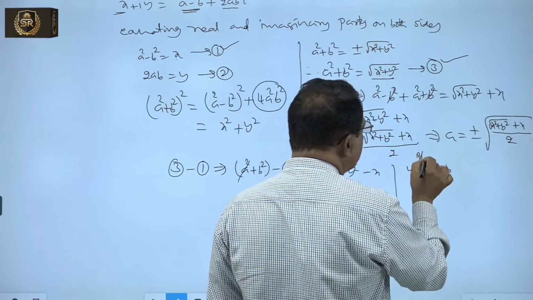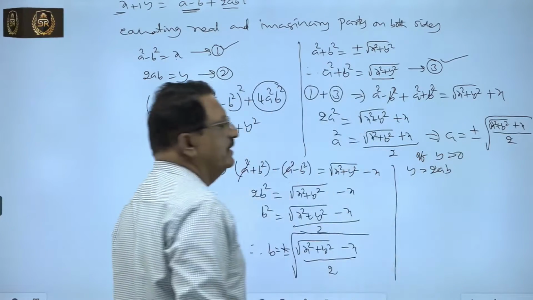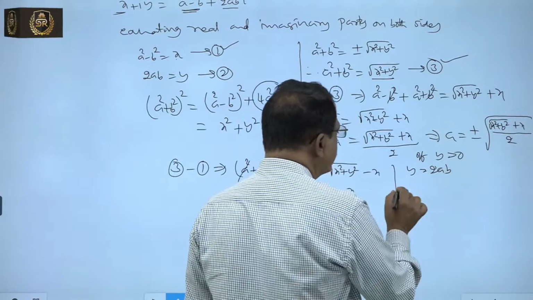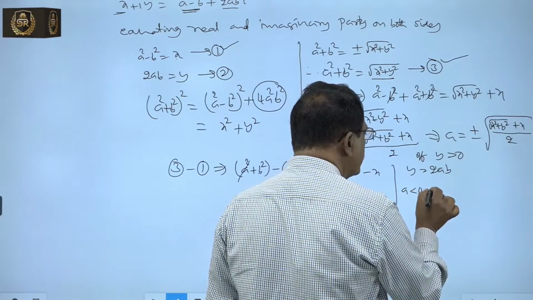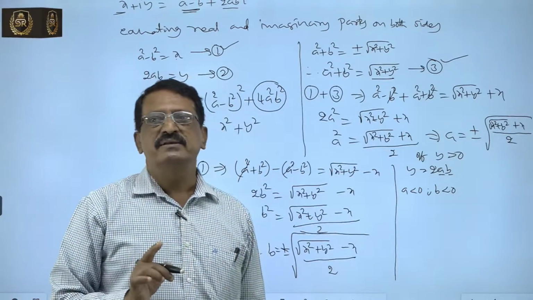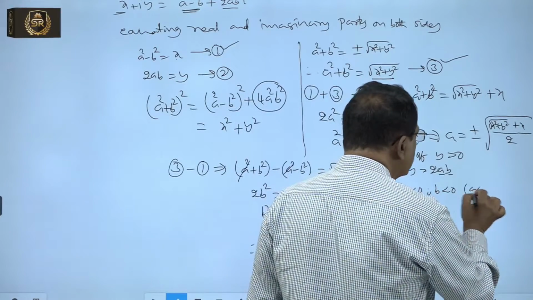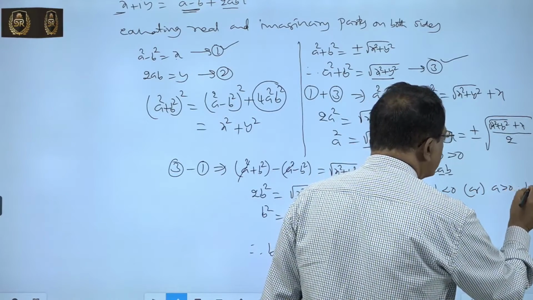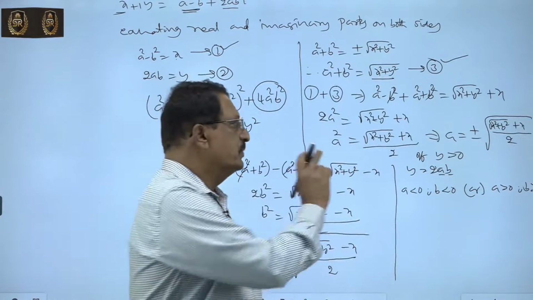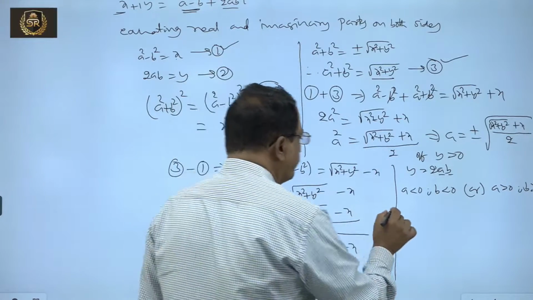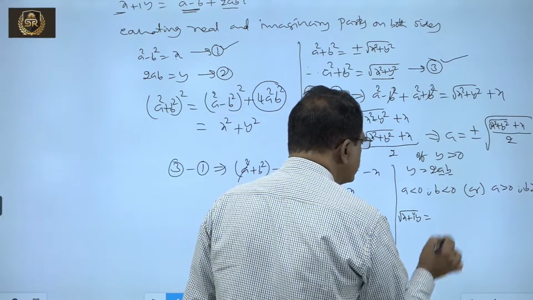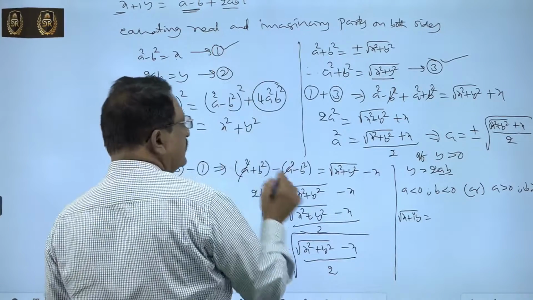If y is greater than 0, consider y a positive value, then in that case a less than 0 and b less than 0, both are negative values, and we get y positive. Or a greater than 0 and b also greater than 0, both are positive, and we get y greater than 0, meaning both are negative or both are positive. Therefore the square root of x plus iy equals a plus ib.